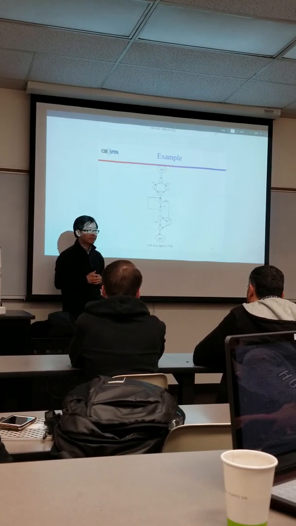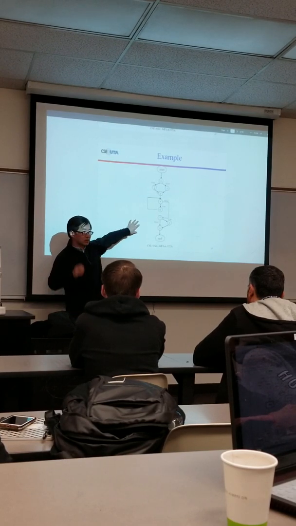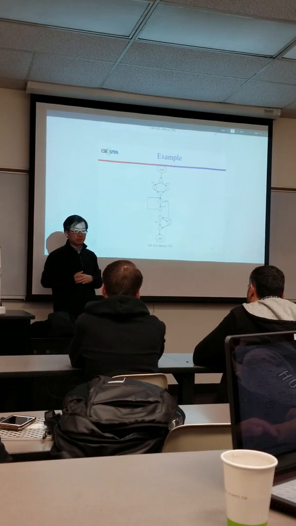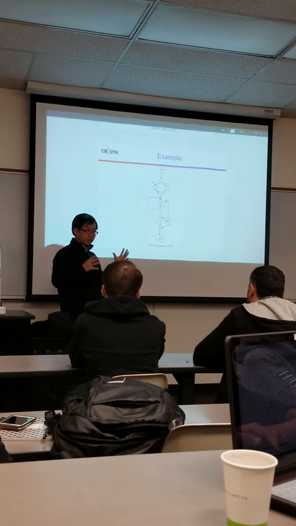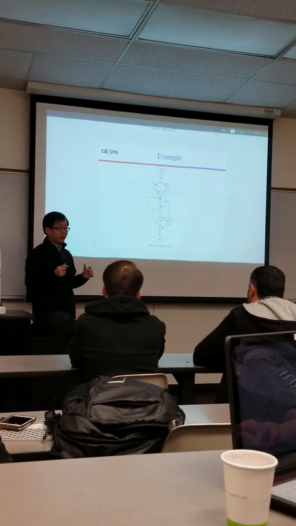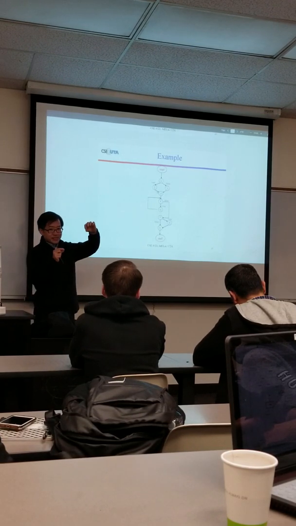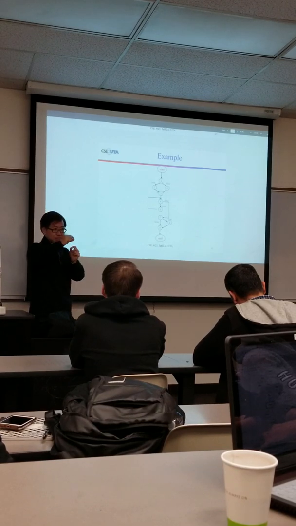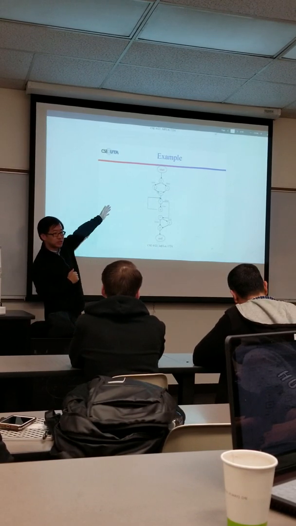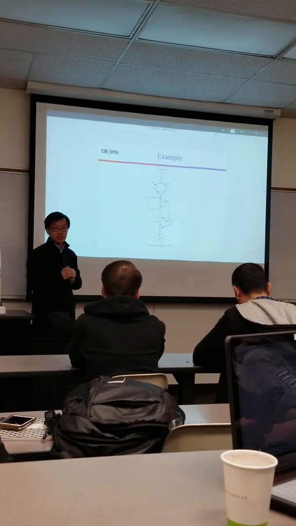Basic blocks allow us to reduce the size of the control flow graph. It's a kind of compression. You can compress a linear sequence, but you cannot compress the branching structure, so you still preserve the control flow.